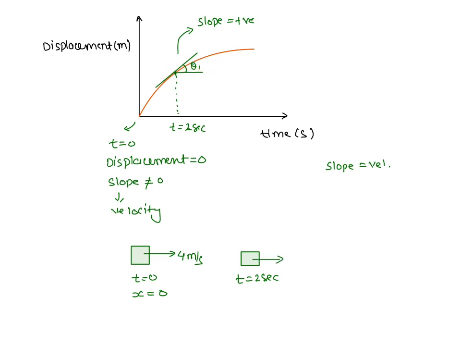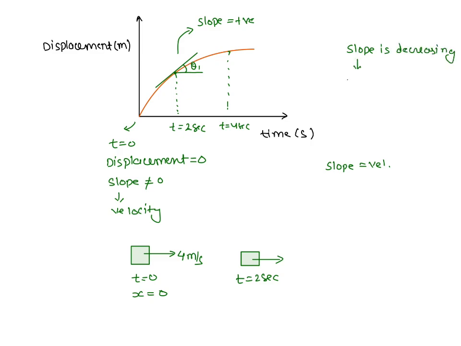Okay, then what else can I say or comment on this slope? As time increases, you see here, let this time be t equal to 4 seconds. If I draw a tangent here, then the angle with the horizontal is very less here, right? So this angle is very less. So what can I say? I can say slope is decreasing.